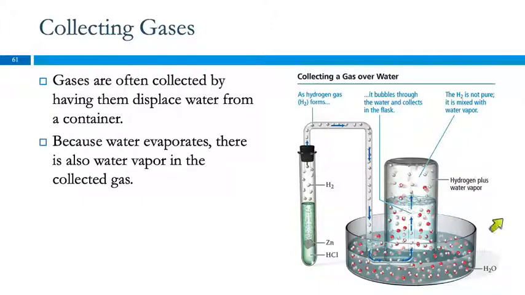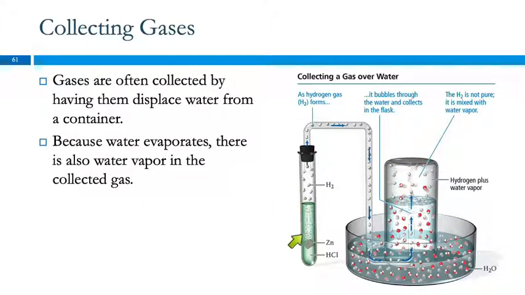We can set this up. It looks something like a mercury barometer, but it's got water in it instead. Often we'll use an inverted graduated cylinder, full of water, inverted into a dish of water. At the beginning, this is completely full of water.